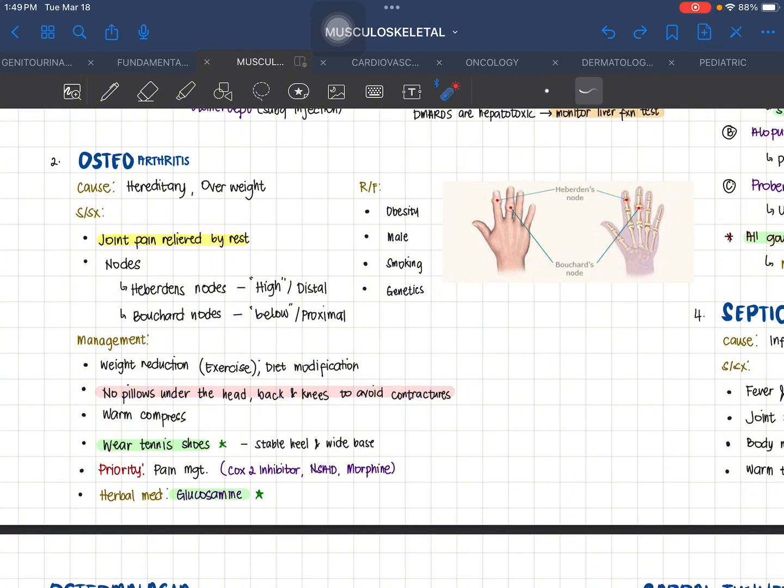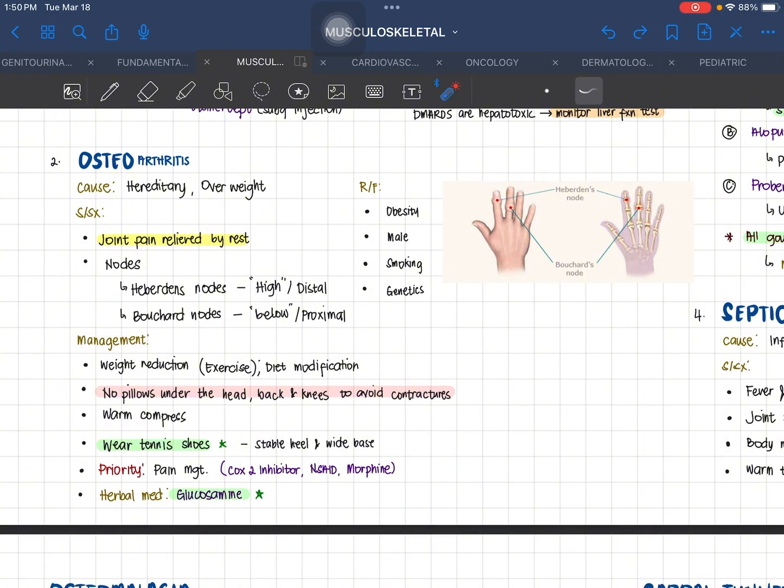Next is no pillow under the head, the back, and the knee para ma-avoid yung contractures. Also, pangatlo, warm compress. And then, pang-apat, we can also advise them to wear tennis shoes kasi wide yung base niya and stable yung heel. Again, wear tennis shoes.